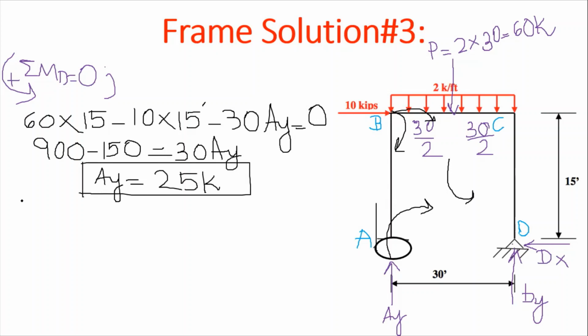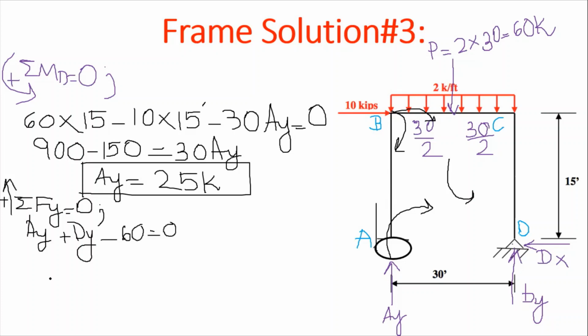Now we have to sum up vertical forces. How can we do that? Let's start. When we sum up vertical forces, AY plus DY minus 60 equals 0.